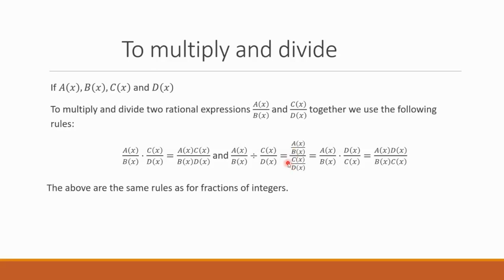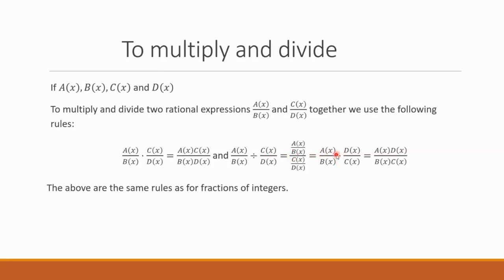But it's just like with integers anyway. Excuse me, it's just like with rational numbers. How do you divide? You take the reciprocal of the second, and then you just multiply, as you can see. So let me say it again.